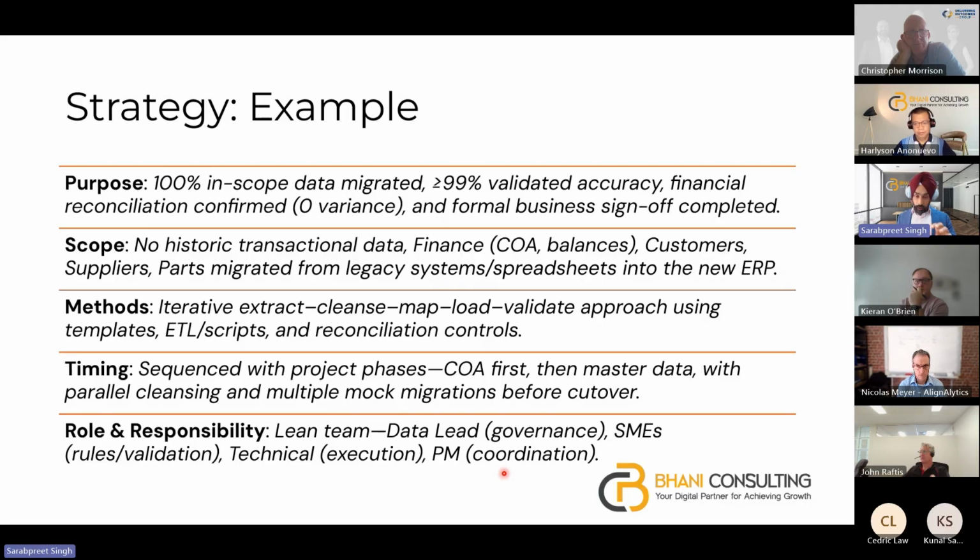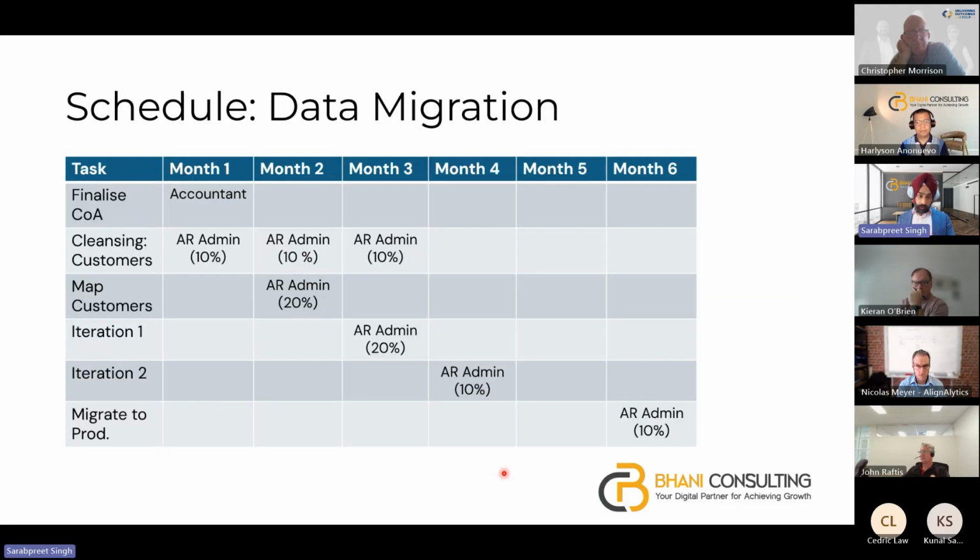So that's first. Based upon this strategy, we have a schedule or a plan, and I'll quickly cover this. Say we have started a project in month one. We have an accountant who is allocated to do chart of accounts, and they have finalized the chart of accounts in month one.